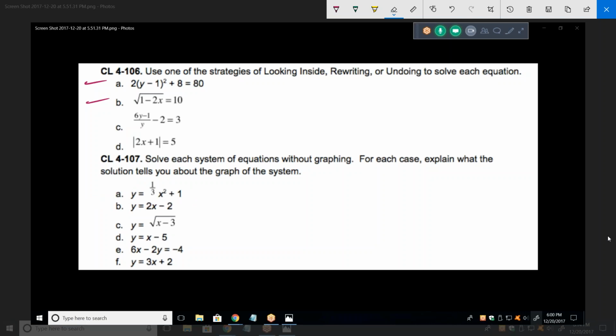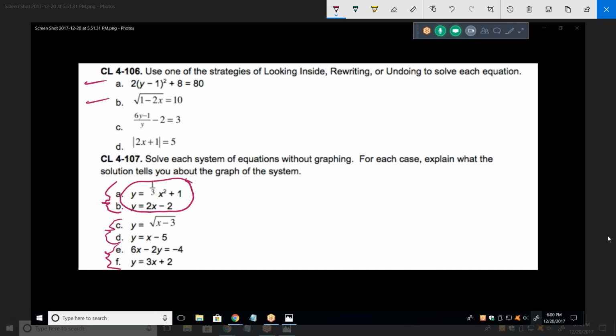In other words, a system of equations could include all 6 of them. And he's put a space between B and C, but I don't know what he means for the rest of it. I'm assuming he's grouping these like this. You got that system, you got that system, and you got that system. Yeah. All right. We'll assume that's what he means. Let's solve the first system without graphing.